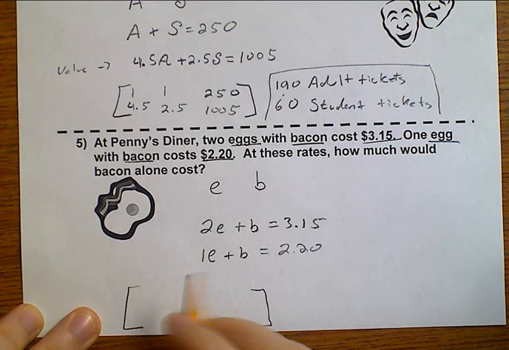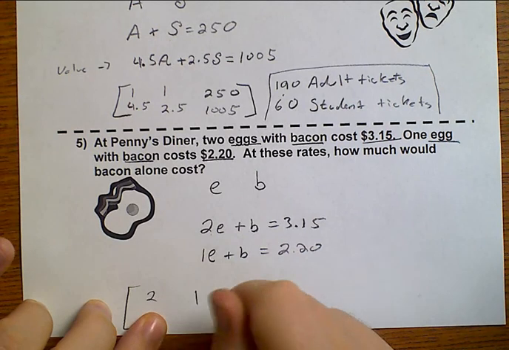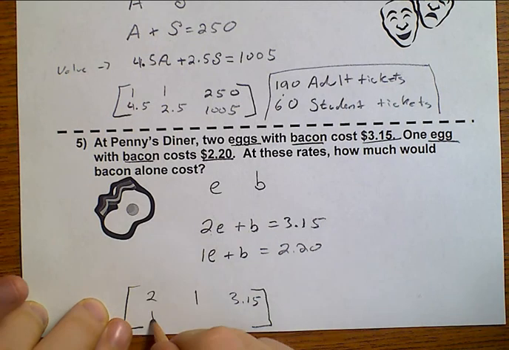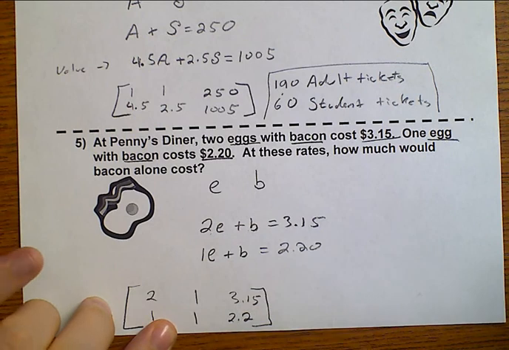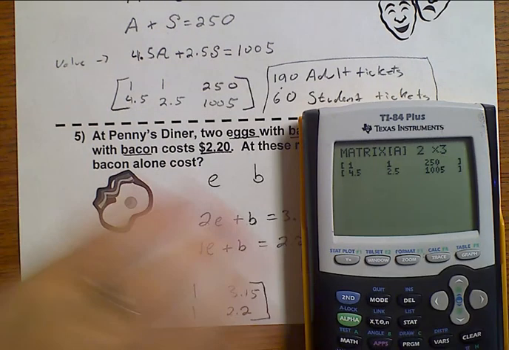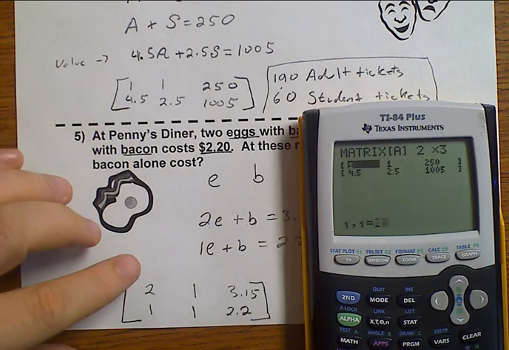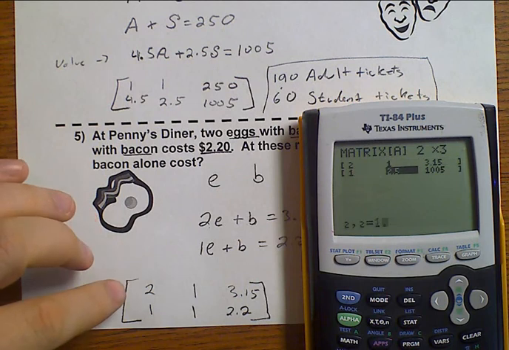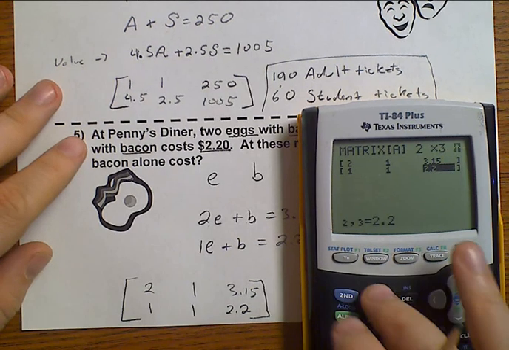So we look at this, and I've got 2, 1, and 3.15. Then I've got 1, 1, and 2.2. Go to our matrix, make it match. Quit out of it.